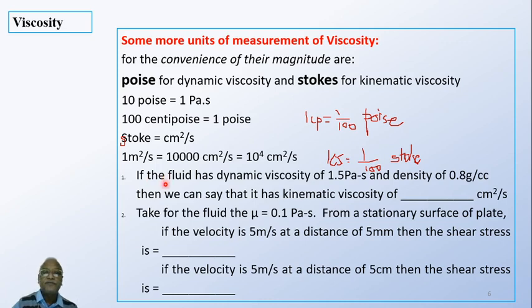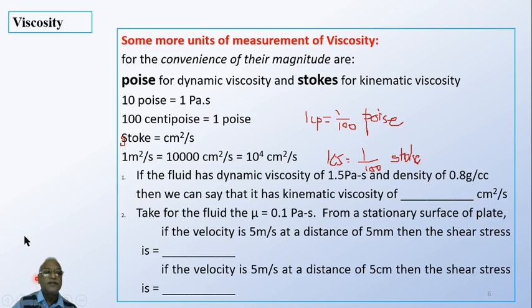Next, we'll try to analyze a couple of situations. You can do it easily. If the fluid has a dynamic viscosity of 1.5 pascal second and a density of 0.8 grams per cc, so this is density rho, this is mu, then we can say that it has a kinematic viscosity of... Now, how to calculate kinematic viscosity?